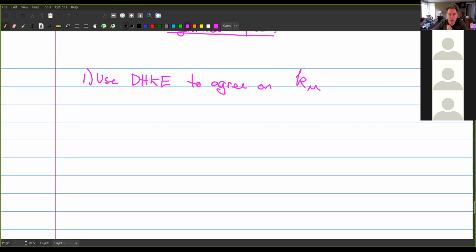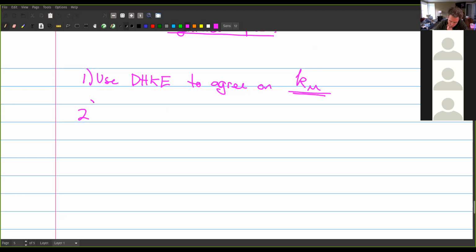Everybody remember how Diffie-Hellman key exchange works? We've gone over it twice, and we're going to go over it again in just a second. But for now, they agree on a shared secret, which we're going to call KM. They are the only two people in the world who know KM, provided nobody can break the Diffie-Hellman problem.